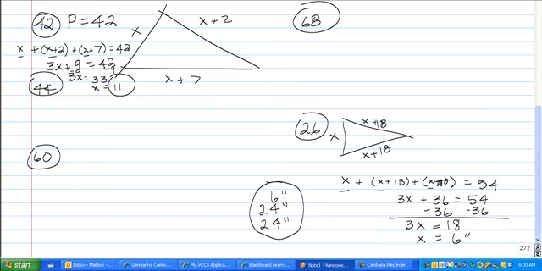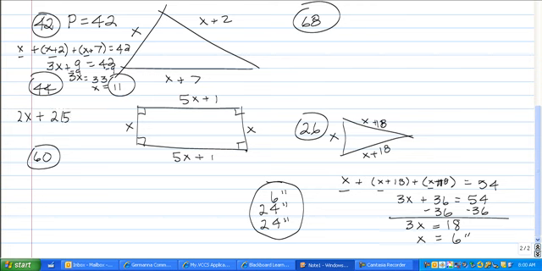In 44, we have a rectangle, and the two long sides measure 5x plus 1, and the shorter sides measure x. So here we have 2 times x plus 2 times the 5x plus 1 equals the given perimeter, which is 278.